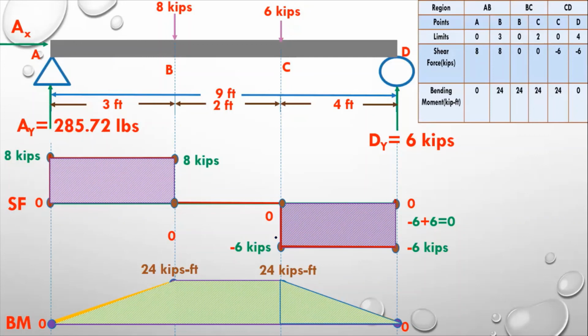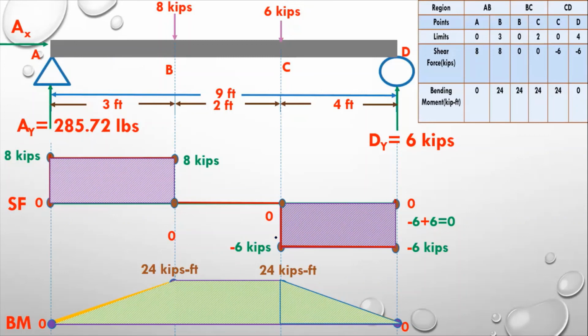So while applying the lower limit and upper limit, we will get the values, and when we put them on the graph, we will get this shear force or bending moment diagram.